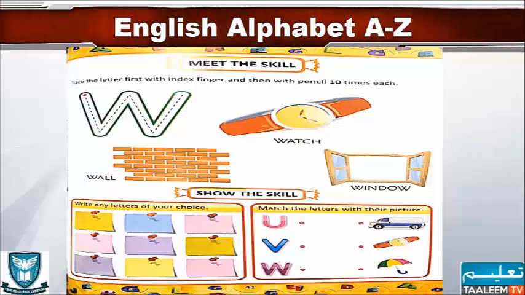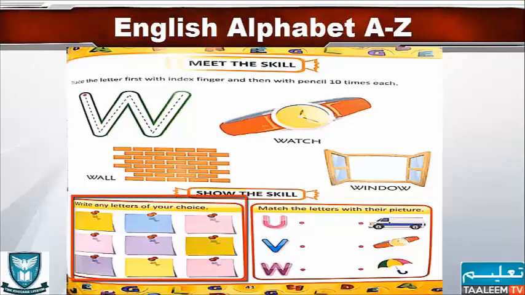Good. Now move on to the next block on the same page, number 41. The first block is carrying blank blocks. You can write any letter of your choice in this block.